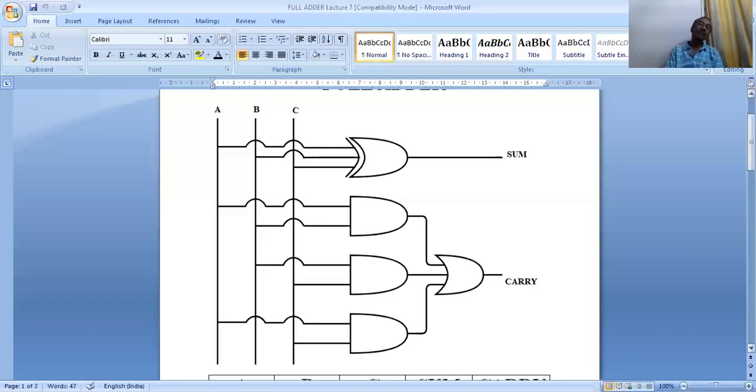And now in the next period, we are going to see how we are going to add 4 digits A, B, C, D. That is the 4-digit binary adder we are going to see in the next period.